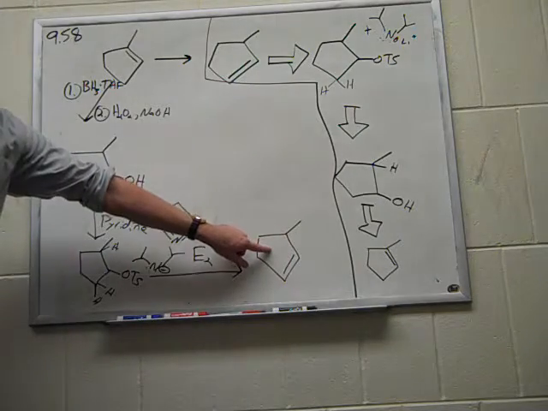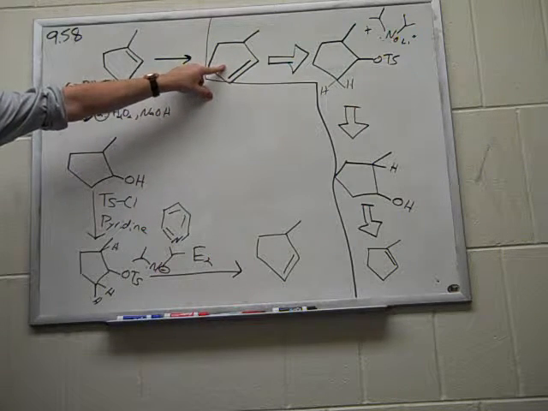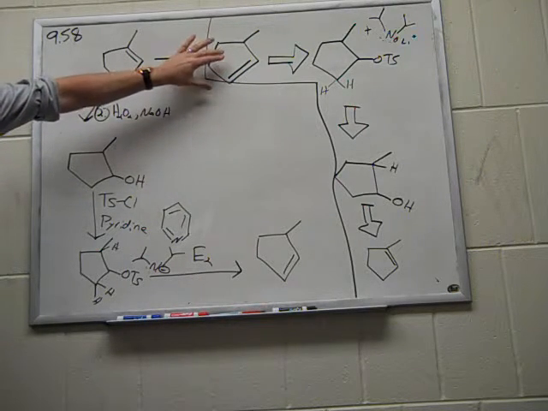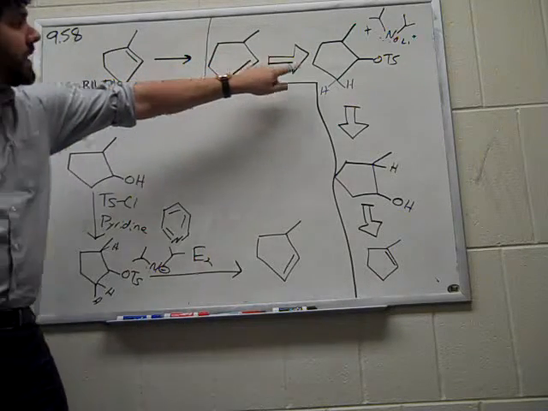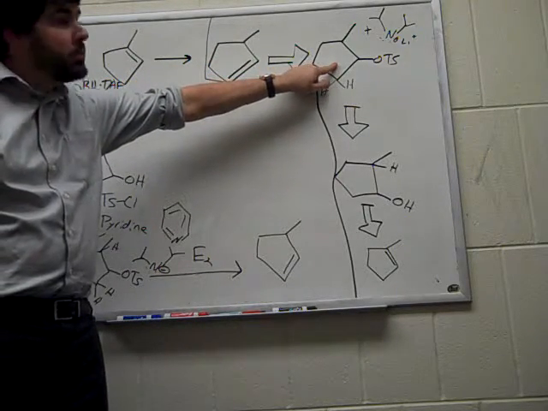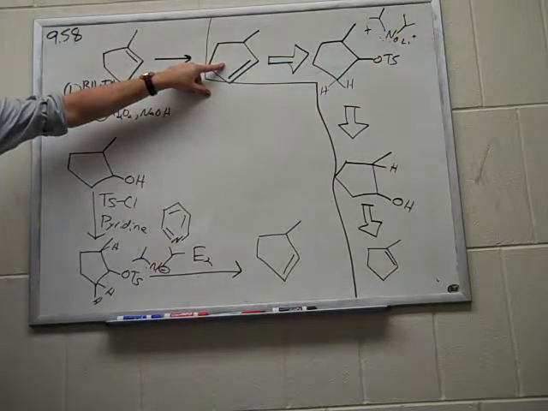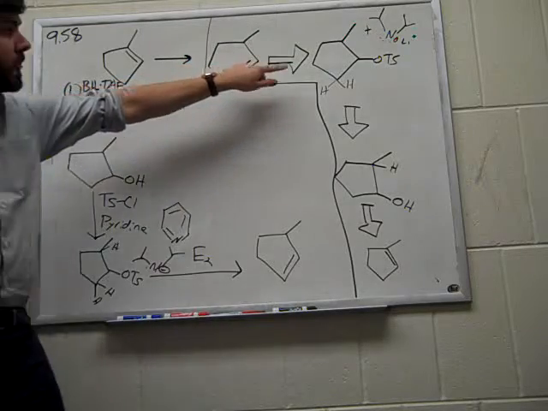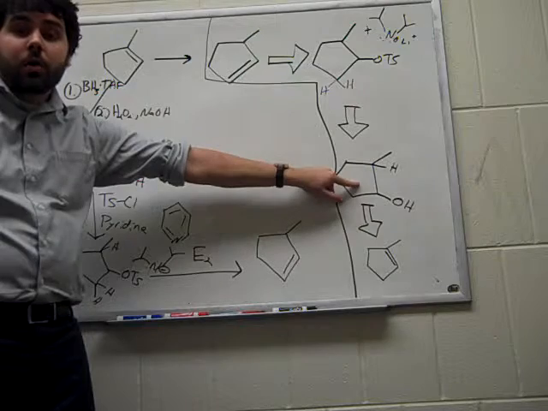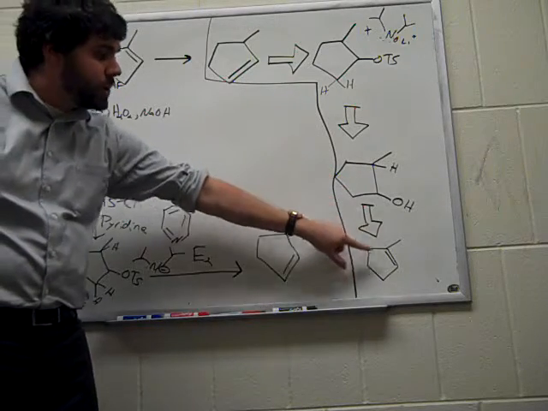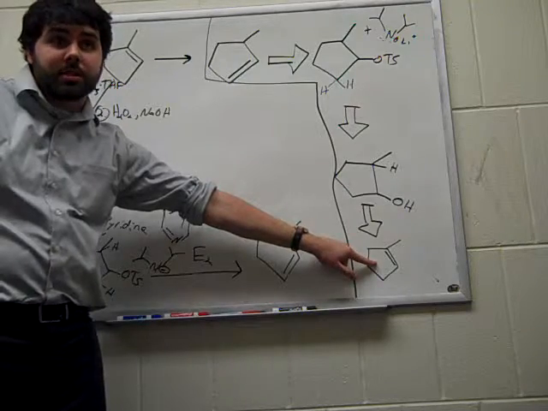shown here. So in summary, the way we solved this problem was we first approached the problem in a retrosynthetic manner. What can we do step by step that's going to lead us to our product? We know that elimination from an alkyl tosylate with an extremely bulky base gives us the Hofmann elimination product, which is our alkene shown here. We can produce our alkyl tosylate from an alcohol, which ultimately we can produce from our starting alkene using an anti-Markovnikov hydroboration-oxidation.